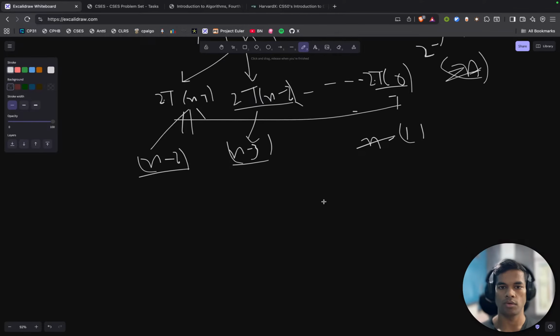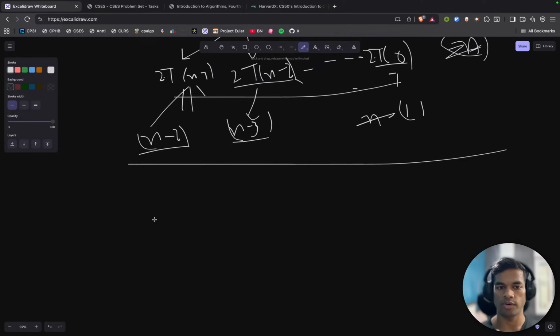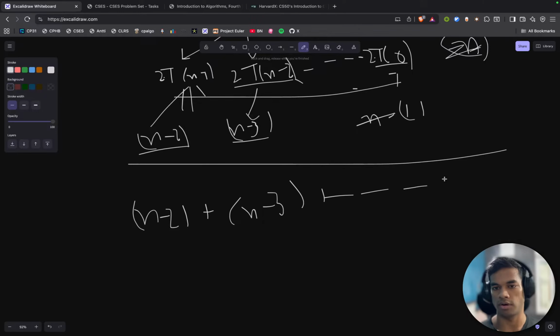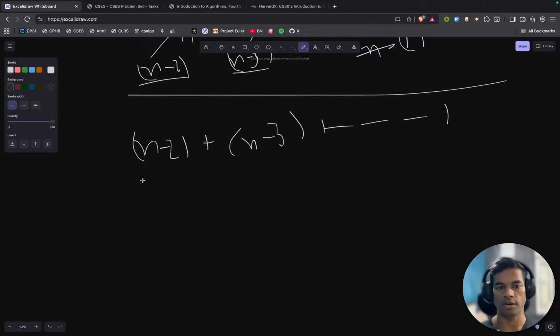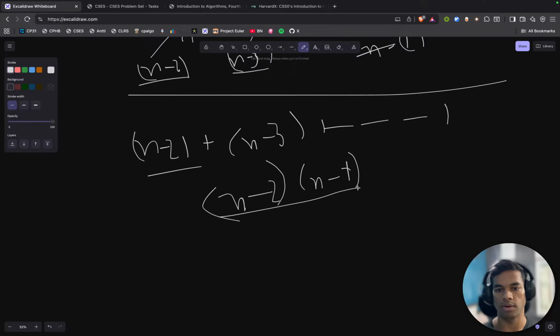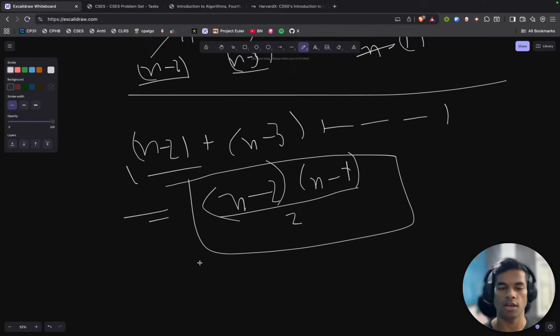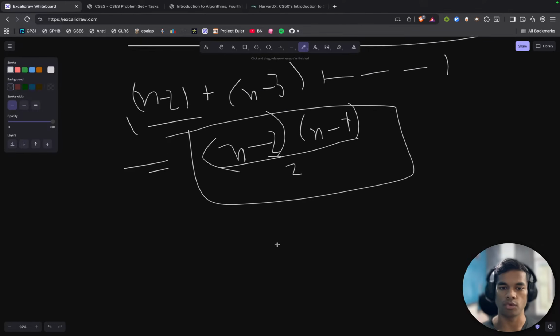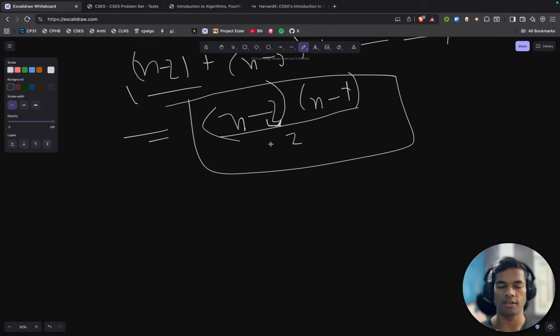So the total number of function calls here are going to be n minus 2 plus n minus 3 plus dot dot dot till 1, which is a triangular number, and we can write it as t n minus 2 into n minus 1 divided by 2. The sum of this thing equals this thing. And where did we get this 2 from? 2 represents the second layer.